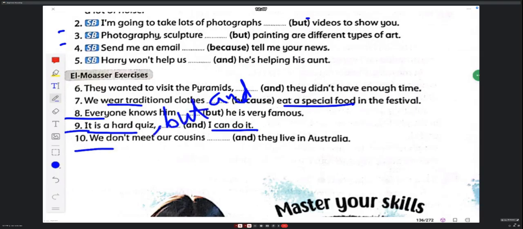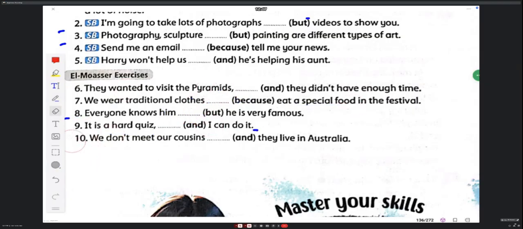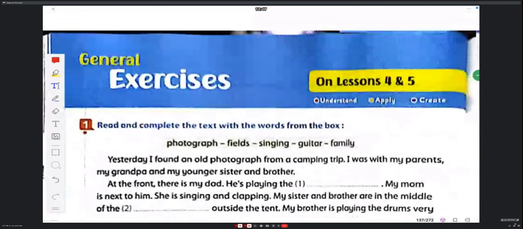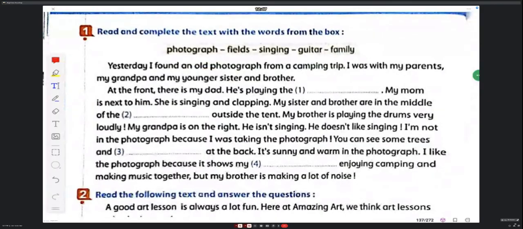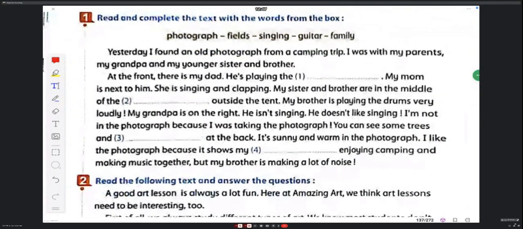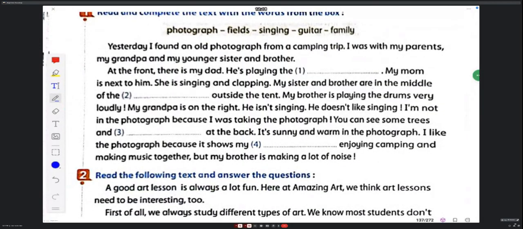Lamar: We didn't meet our cousins because we are in Australia. Photograph, fields, singing, guitar, family. Lamar: Yes, yesterday, comma, I found an old photograph from a camping trip.